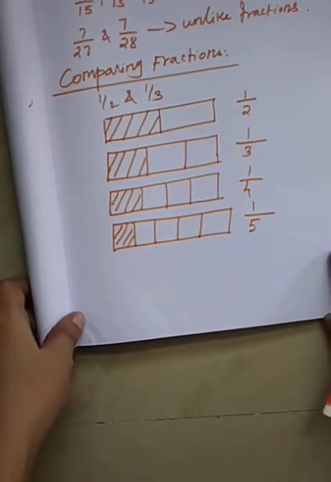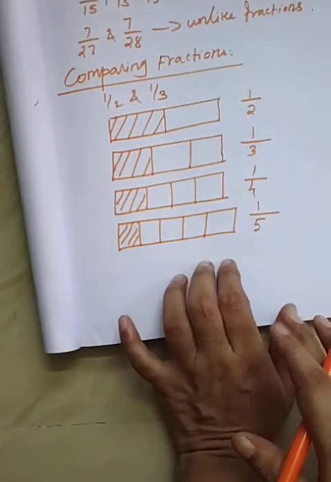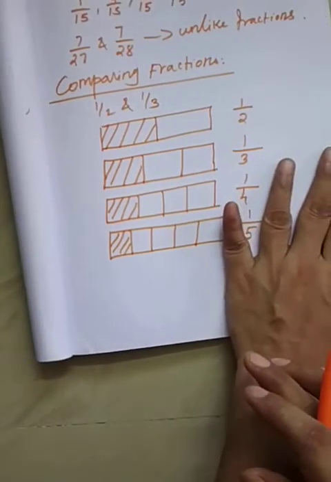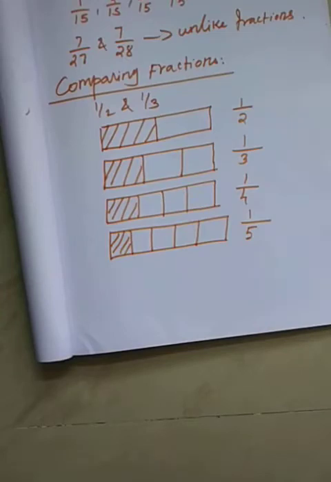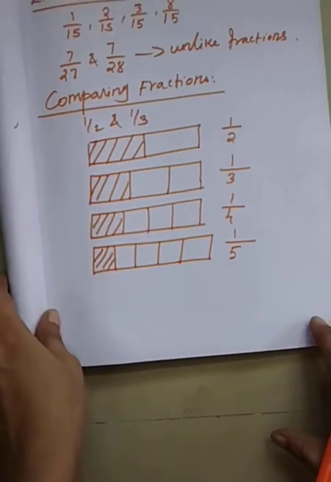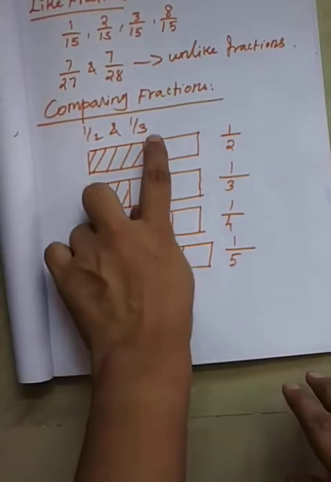See this. The portion of the whole corresponding to 1 by 2 is clearly larger than the portion of the same whole corresponding to 1 by 3. Right? See here what I told you. See these two diagrams.